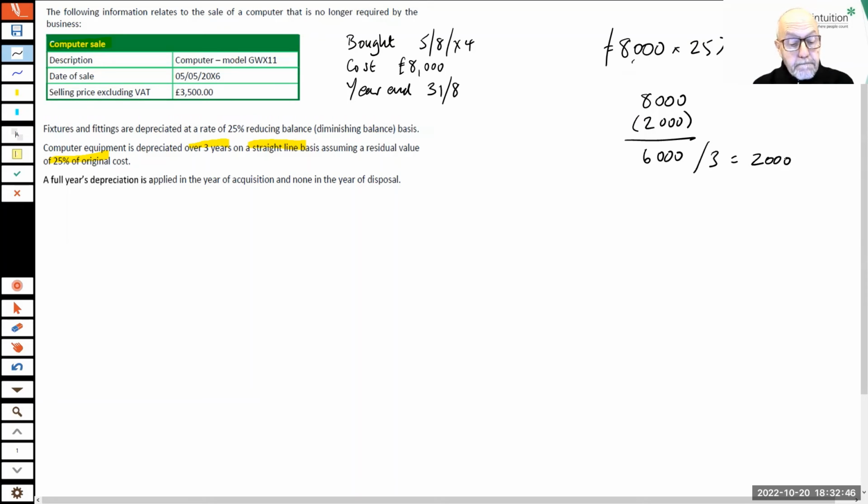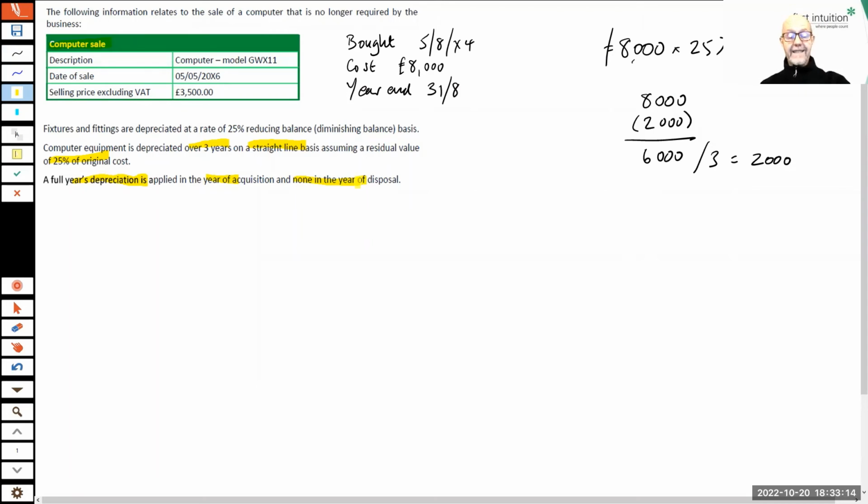Now, here we go. Full year's depreciation is charged in the year of acquisition, none in the year of disposal. This is by far the most convenient way to do it, because if you think of the simple logistics of doing your depreciation, the fixed asset register lists all of the assets that you still own.